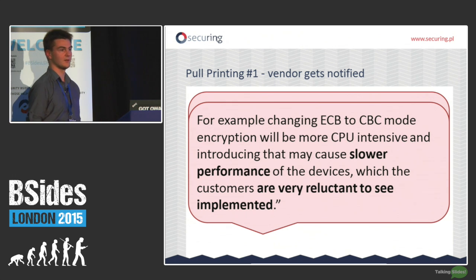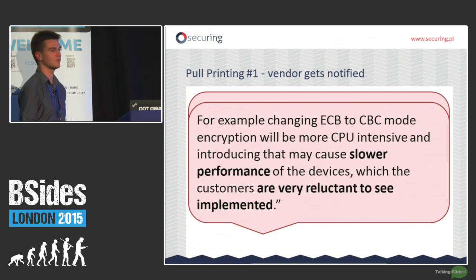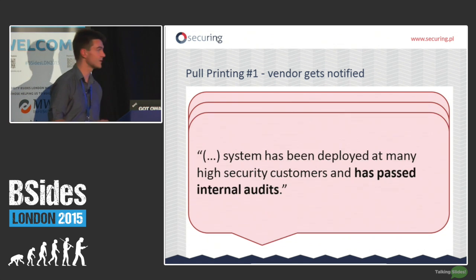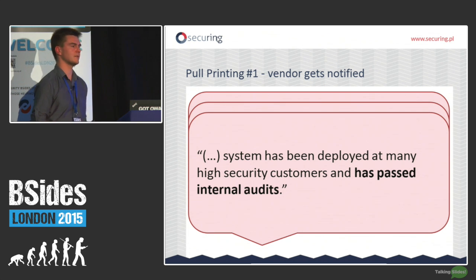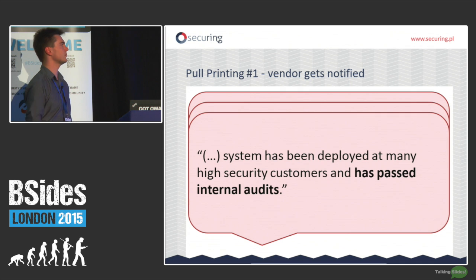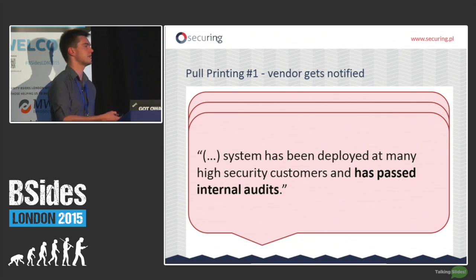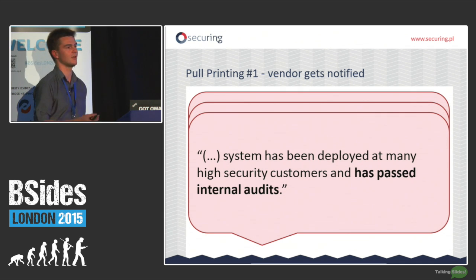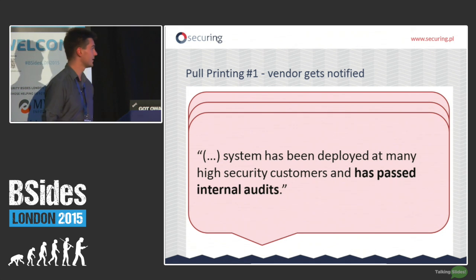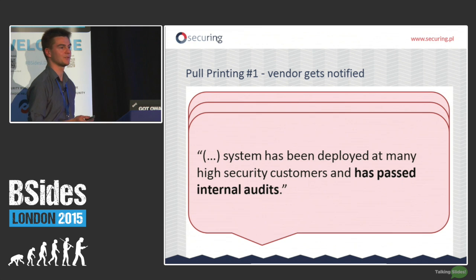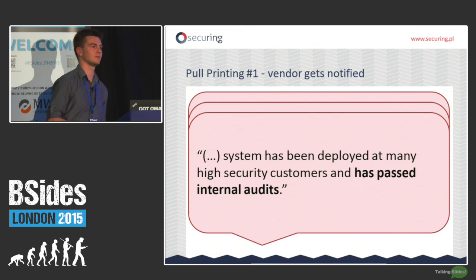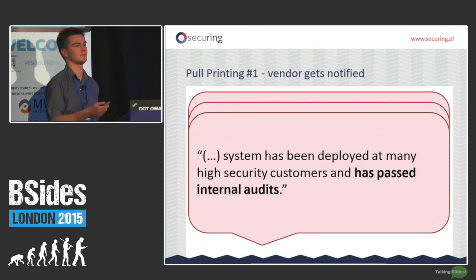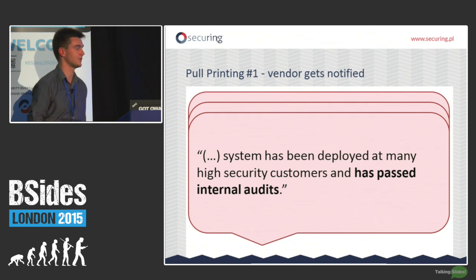Well, actually, on single-threaded processors, changing ECB to CBC mode does not cause slower performance. They also told us that, no, sorry, we've got no vulnerabilities. You could not have found vulnerabilities because the system has already passed some internal audits in big companies. So, yeah. A very, very hard vendor to communicate with and to achieve a proper patch for the report.